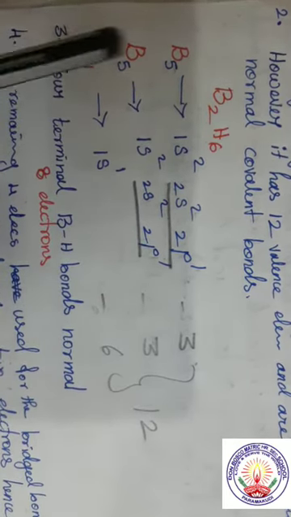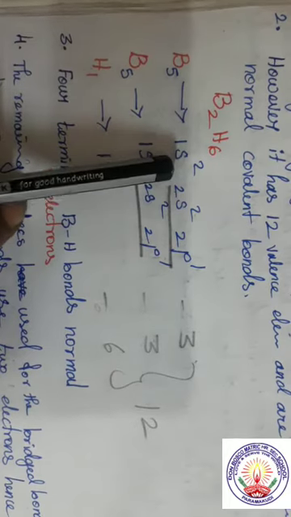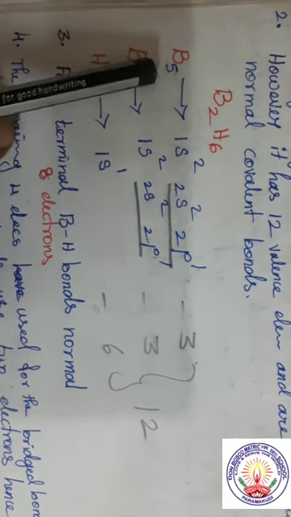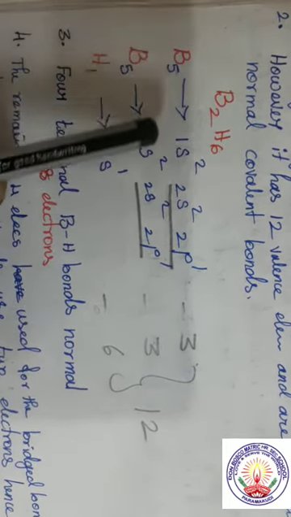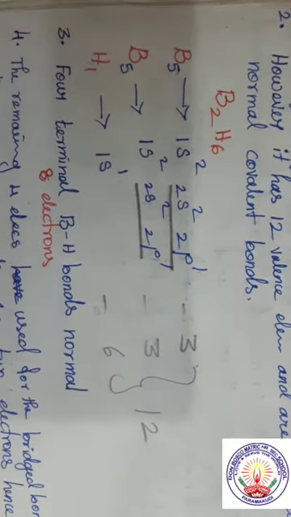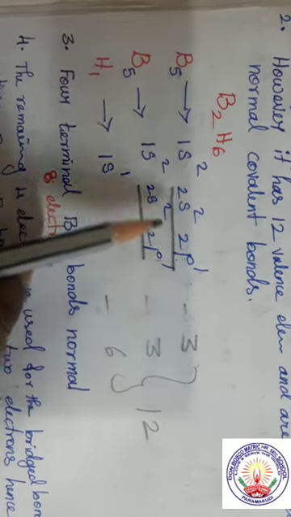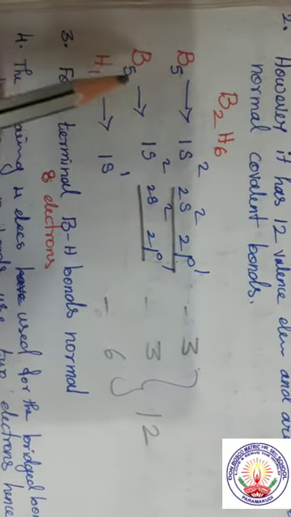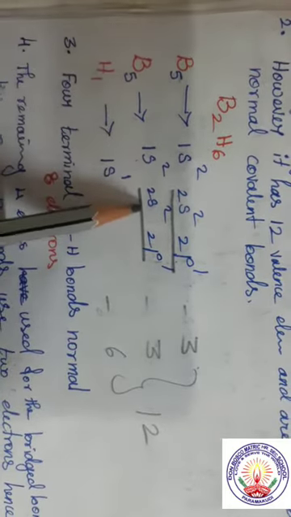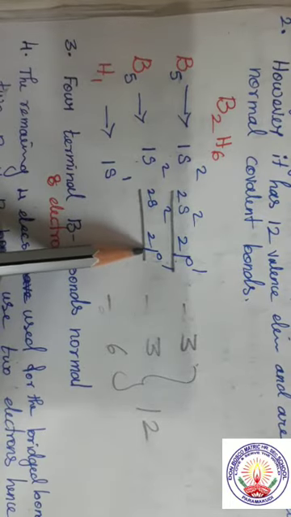One boron, its atomic number is 5. Therefore, it has 5 electrons. Its electronic configuration is 1s2, 2s2, 2p1. In the second boron, also 1s2, 2s2, 2p1.